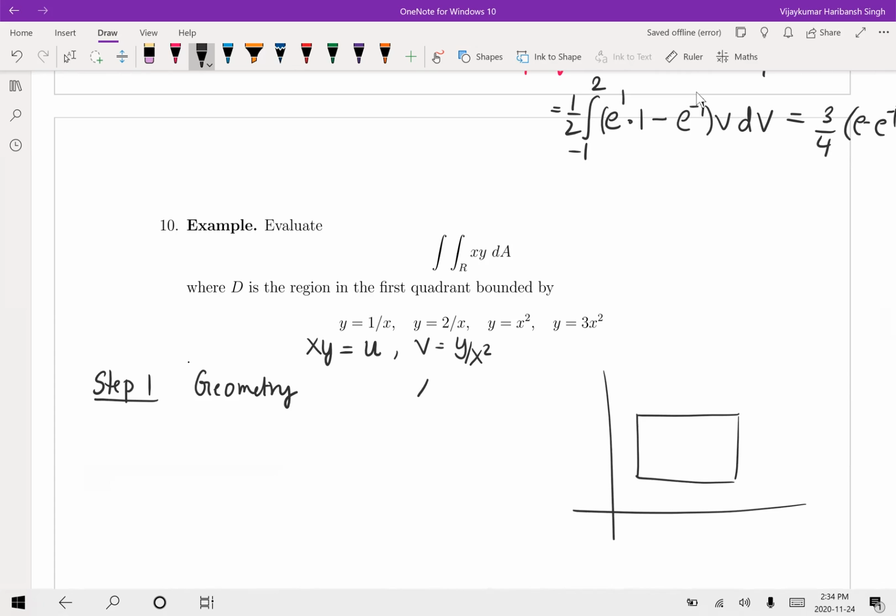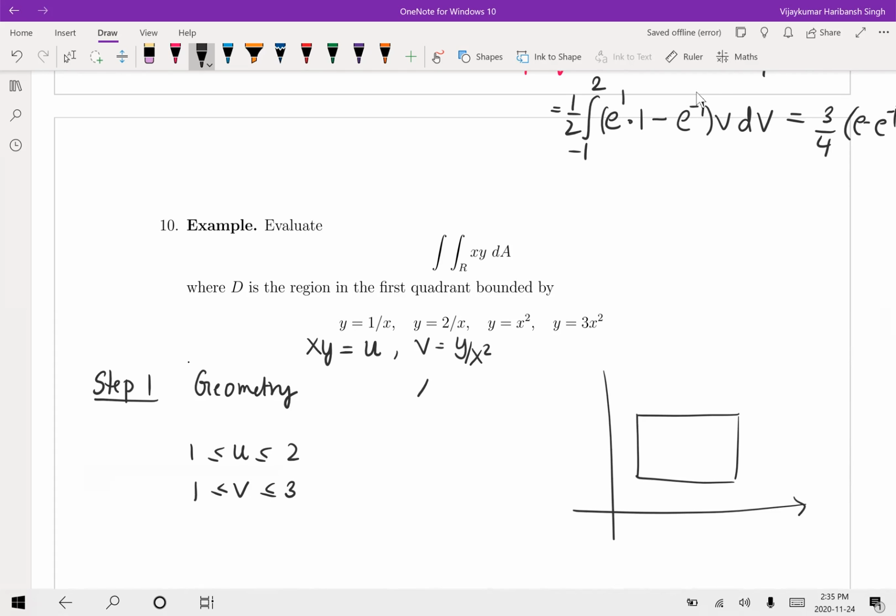So your u is between 1 and 2, and if we divide on this side, v is between 1 and 3.